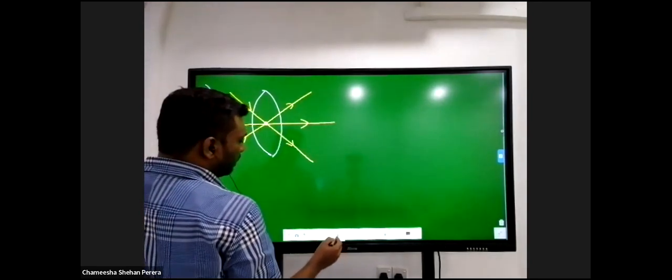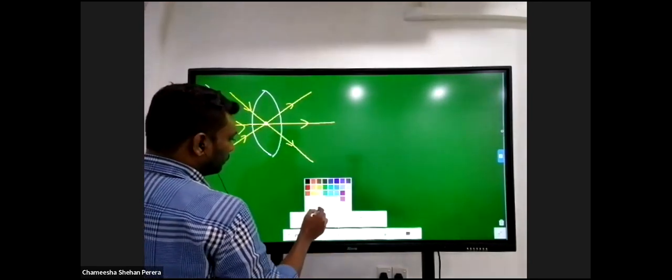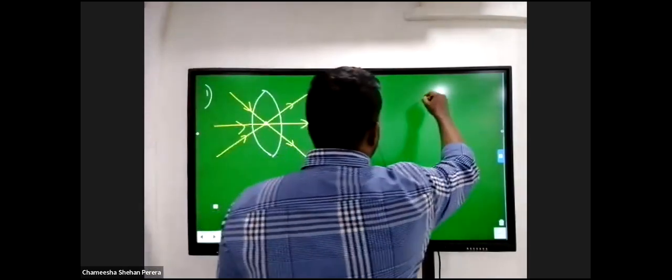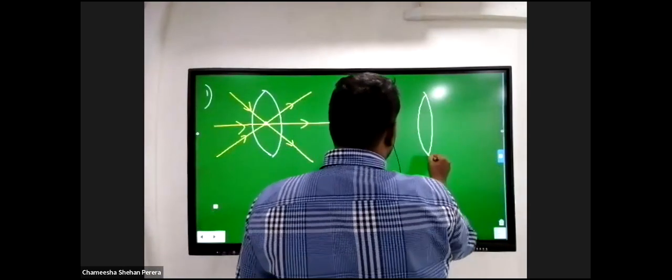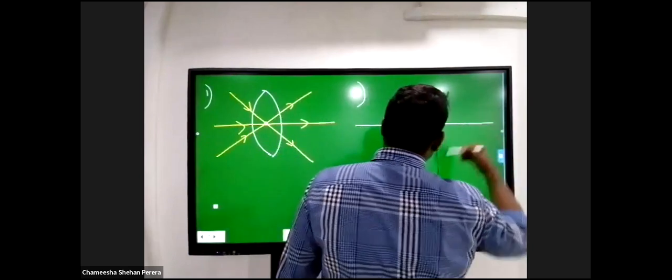Upe, for the second one, tell me. If a light ray parallel to the principal axis comes to the convex lens, the ray converges at the focus. Okay, that's very simple again. So you have the convex lens. The principal axis is this.